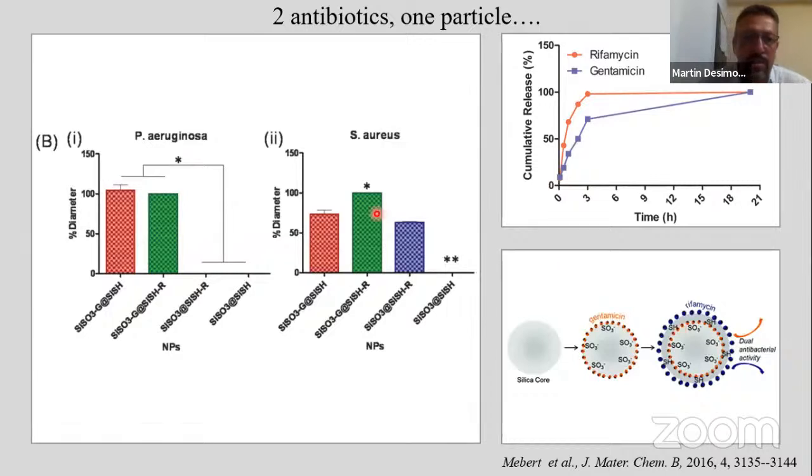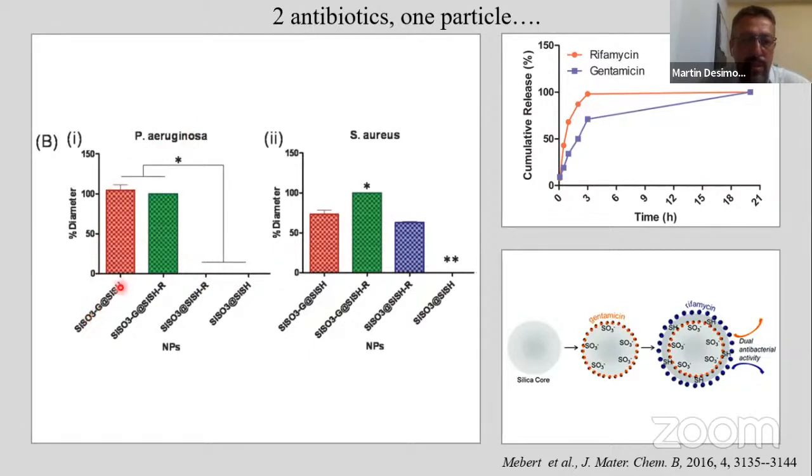And what is interesting is to evaluate their antimicrobial activity. What we observe is that the core shell particles alone don't have antimicrobial activity. We evaluate first with Pseudomonas aeruginosa, a gram-negative bacteria. Those core shell particles with only rifamycin are not effective against this bacteria, mainly because rifamycin is not effective to kill it.